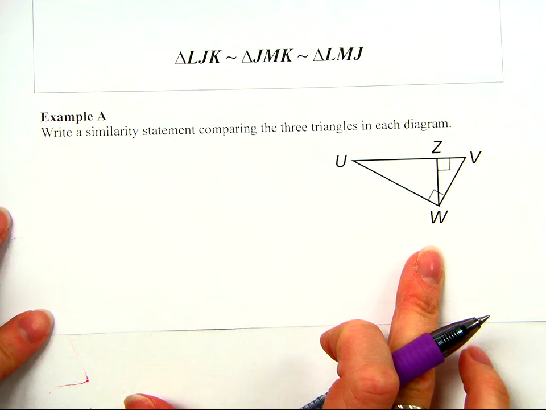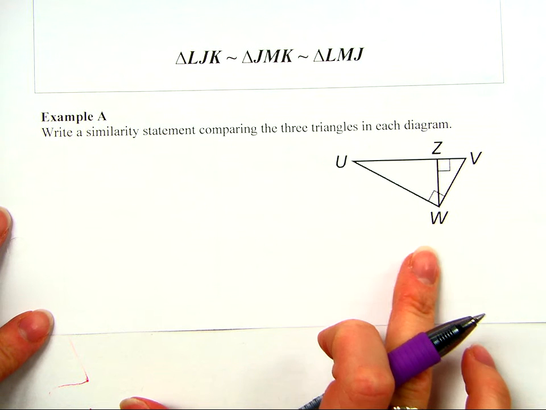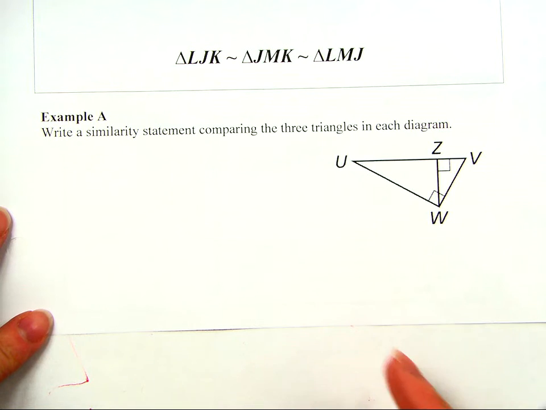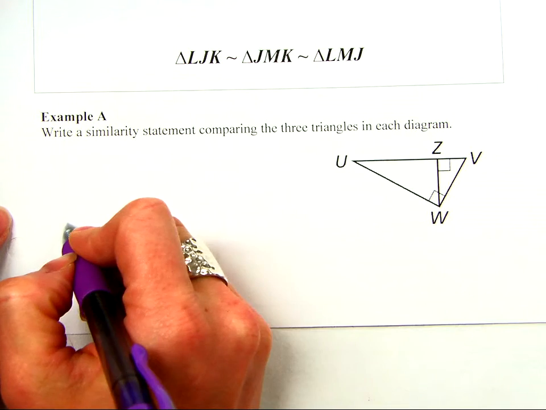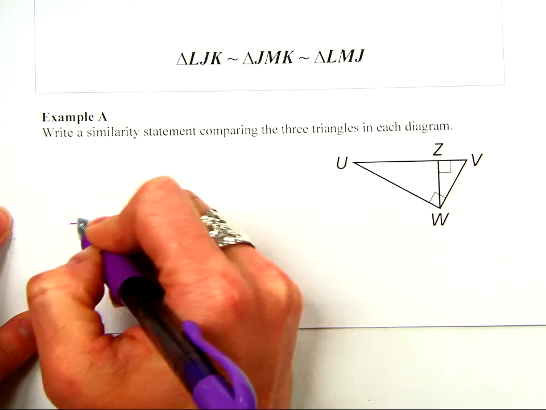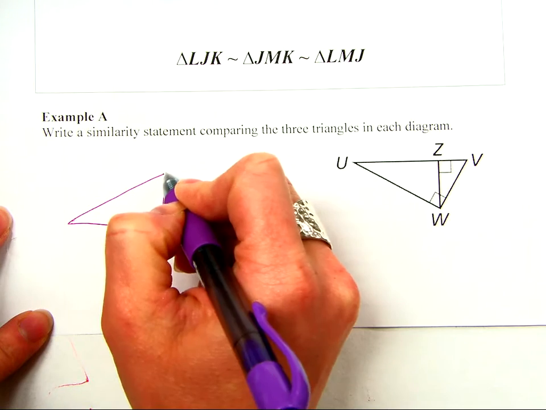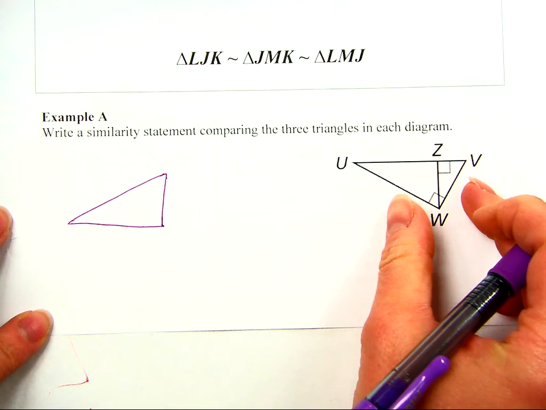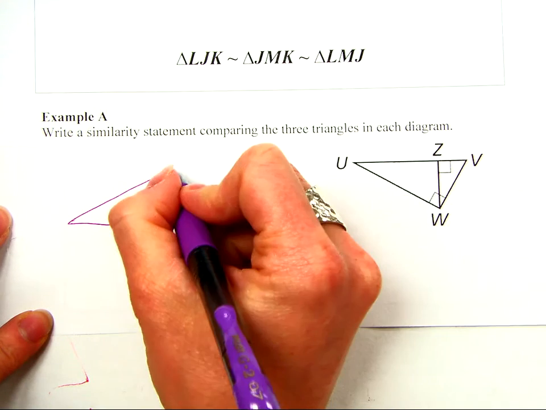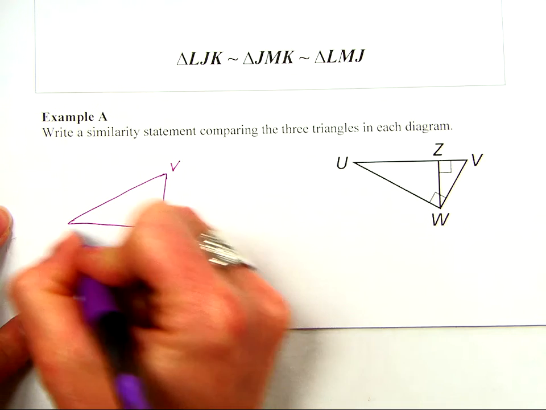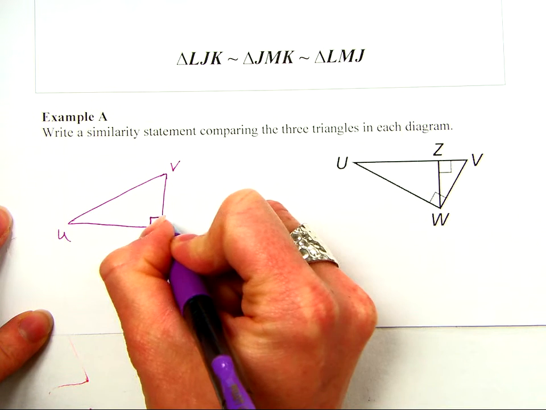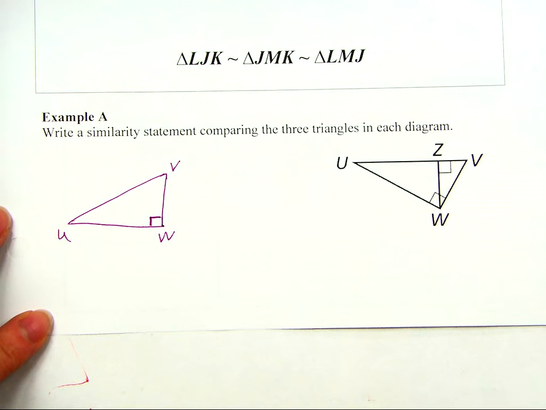I'm going to do the same thing as above, and put my right angle in the bottom right corner. I'm going to sketch all of these triangles so that they all have the same orientation. So basically, I'd be taking this and rotating it, VWU. And I know that W is my 90-degree angle.